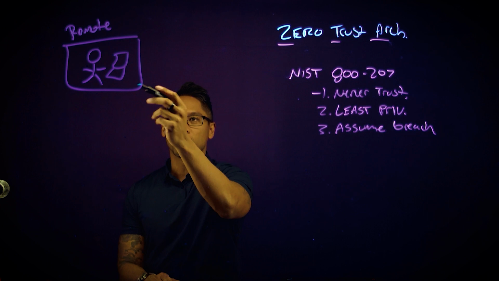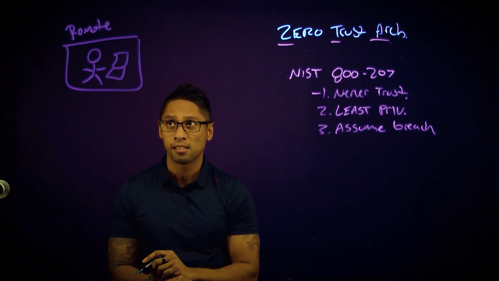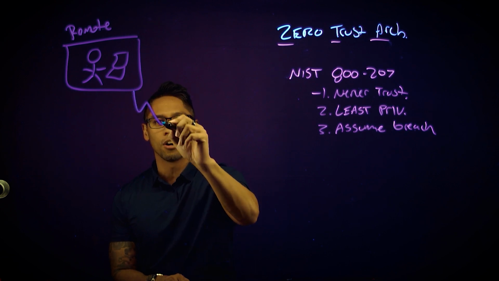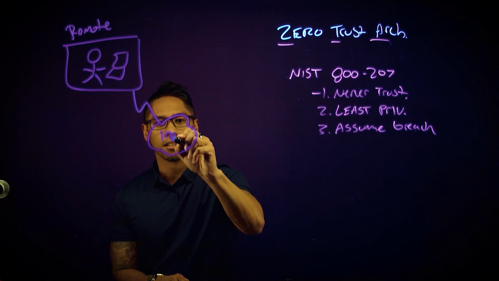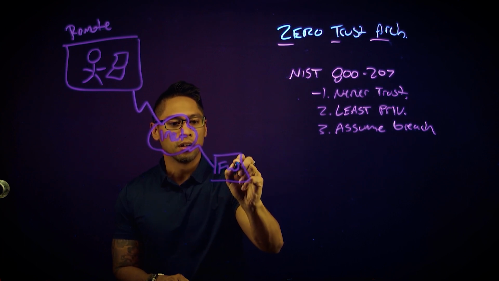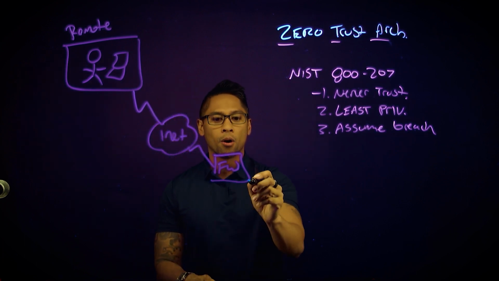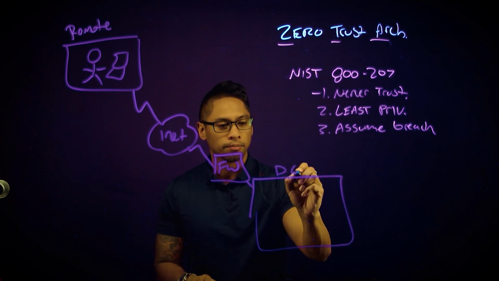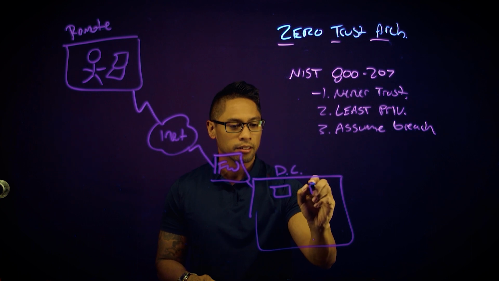If there's an agent or a client that lives on this mobile device or this laptop, once the user authenticates, then it tunnels over the internet back to a firewall. And the firewall then has connectivity back to our data center.